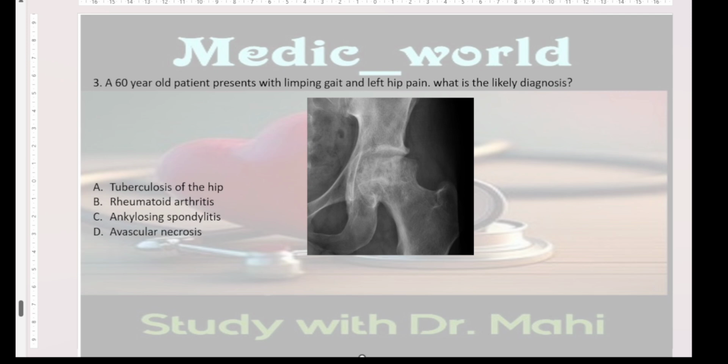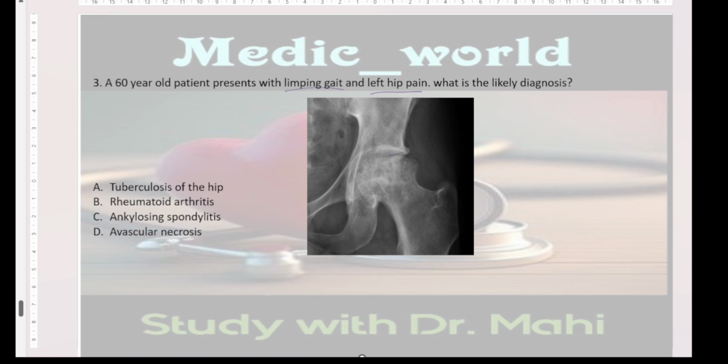A 60-year-old patient presents with a limping gait and a left hip pain. What is the likely diagnosis? Here the radiograph is given. Here in the radiograph, we can see the findings of radiolucency and distorted articular surface.